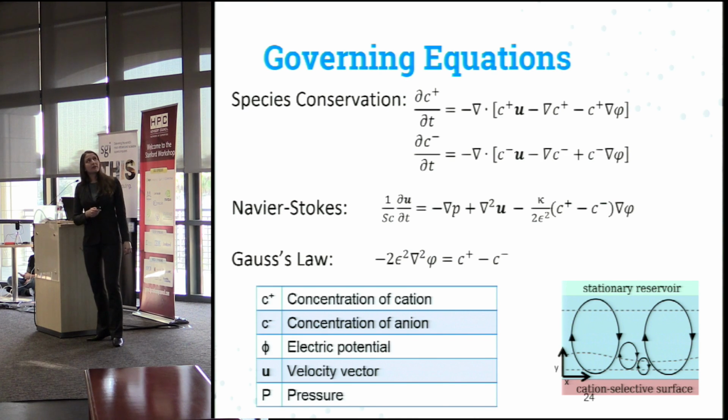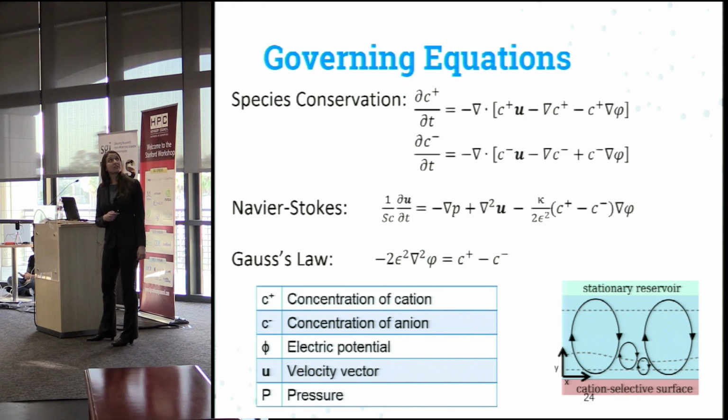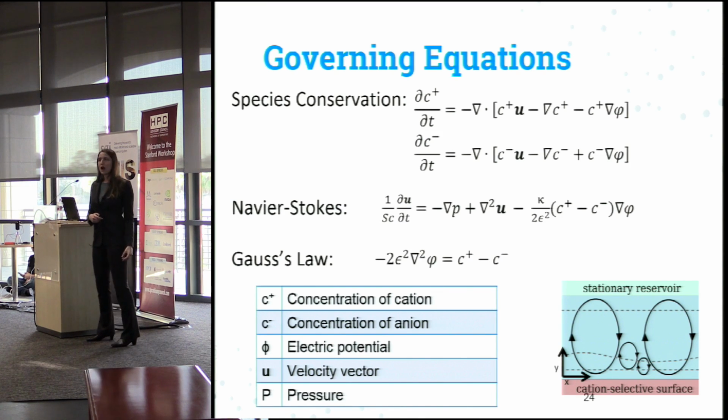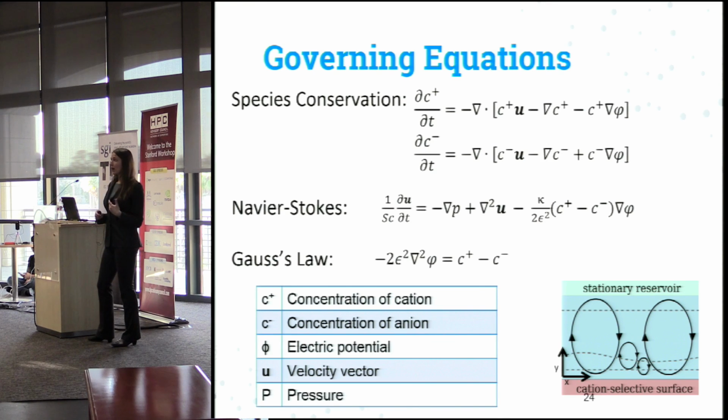So in order to build one of these fluid simulations, you have to look at the governing equations. The governing equations in this case are the species conservation equation, which is the time evolution of the positive ion and the time evolution of the negative ion. Then we have the Navier-Stokes equation, which is basically how the velocity field or momentum changes in time.